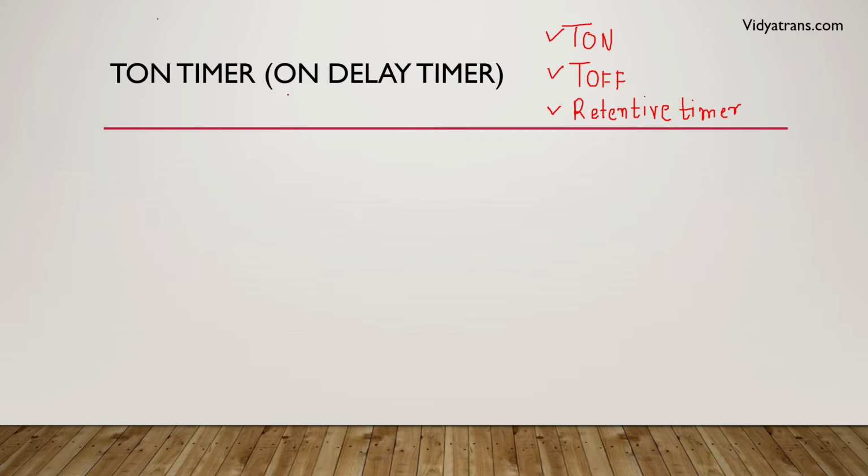As the name suggests, an on-delay timer is the timer which gives you a delay to turn on the output. I also told you we have two types of application: after some time or for some time.